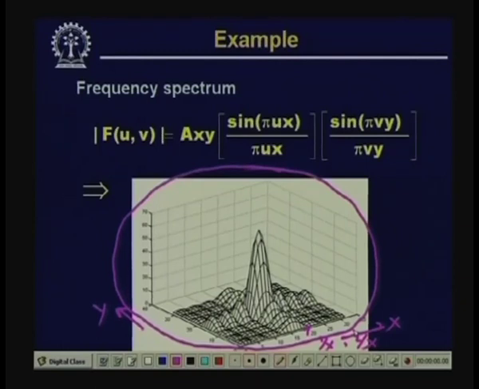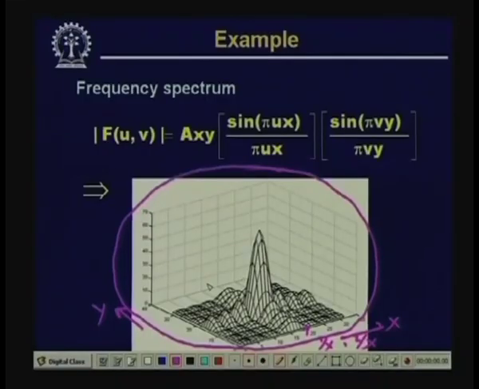Similarly, along the y axis at values 1 upon capital Y, 2 upon capital Y, the values of this spectrum will also be equal to 0. So, this is the nature of the Fourier spectrum of this particular two dimensional signal.